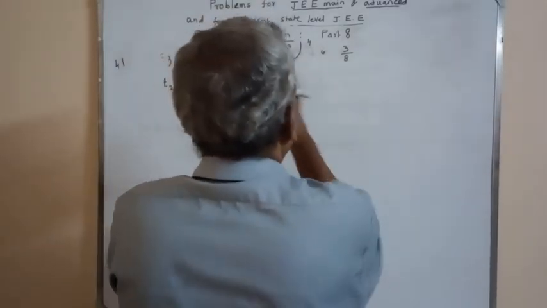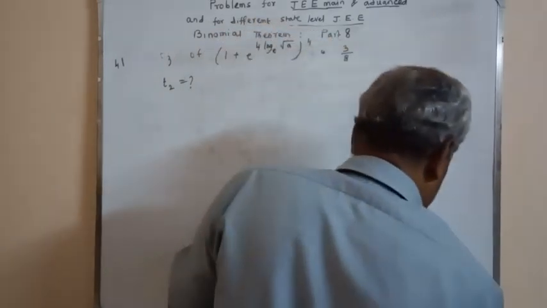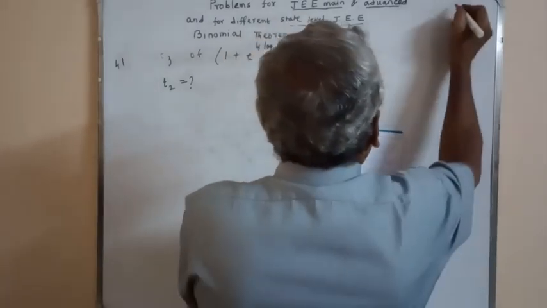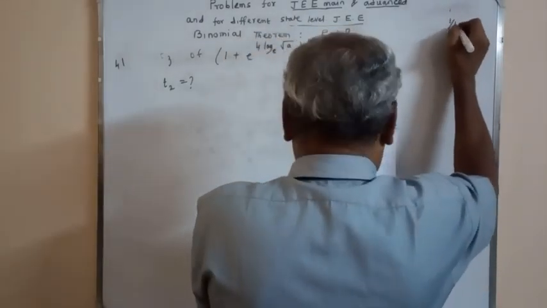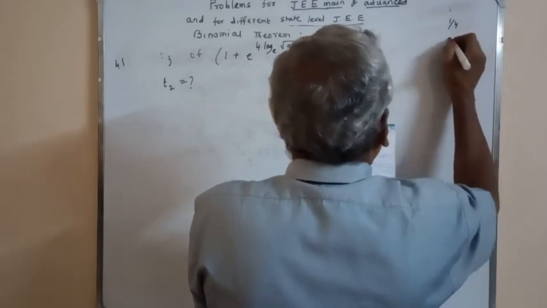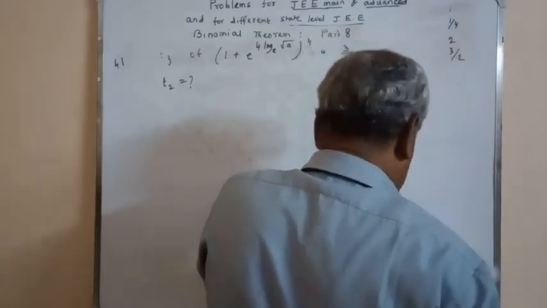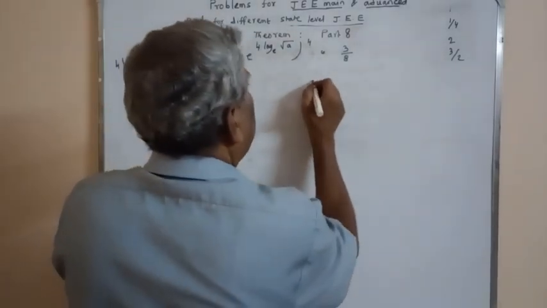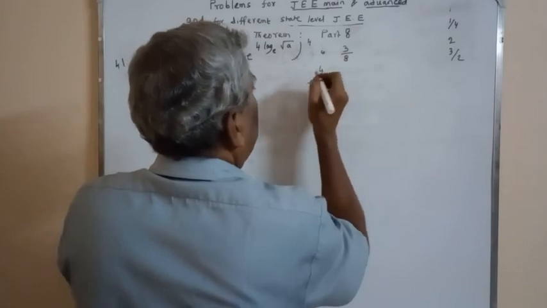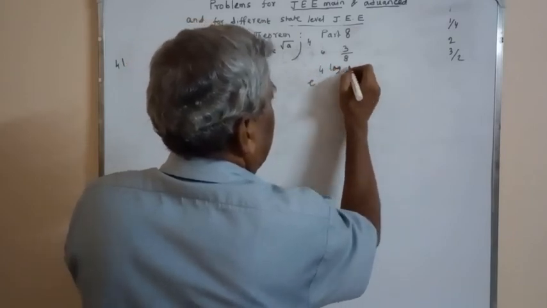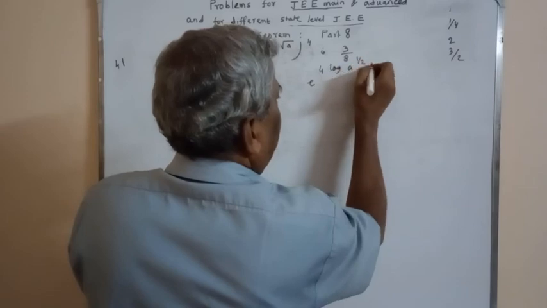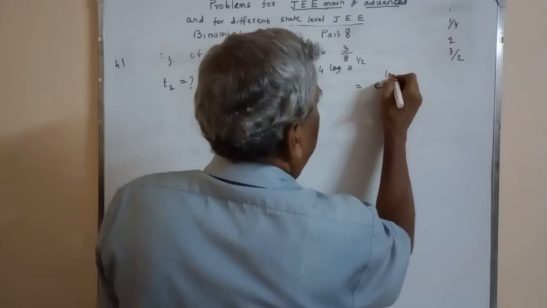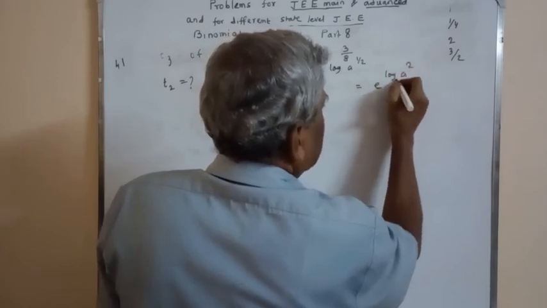Now you see there are four options: 1, 1/4, 2, and 3/2. So this one, e to the power 4 log_e a^(1/2), is equal to e to the power log a², base e.